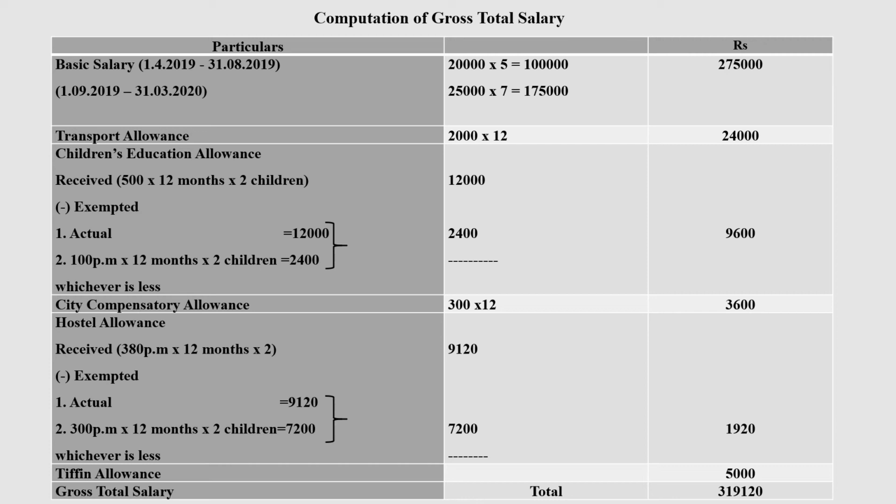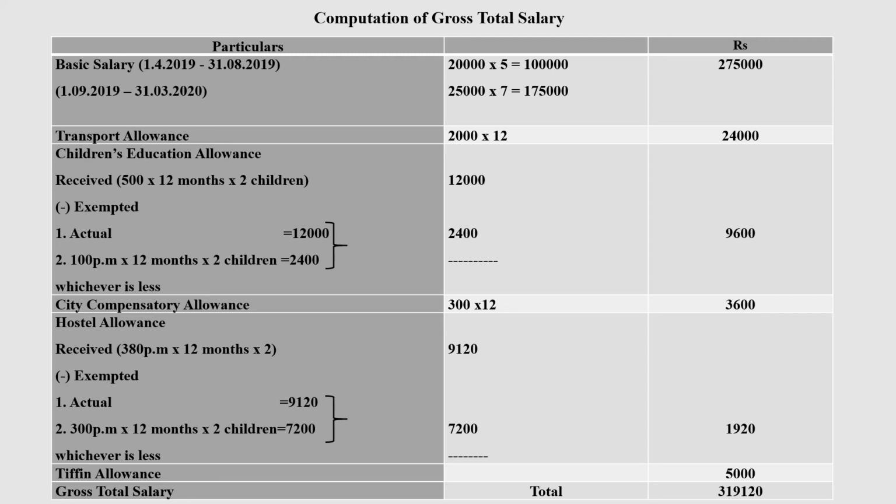Next is transport allowance. It is fully taxable allowance. So 2,000 into 12, 24,000. Next you have children education allowance. Again, just like the previous sum, you have to take first what he is receiving. He is receiving 500 per month for 2 children. So 500 into 12 for 2 children, 12,000. What is the exempted rate? 2 things you need to consider for exemption.